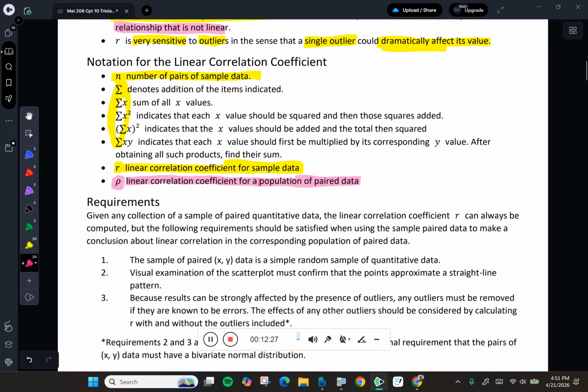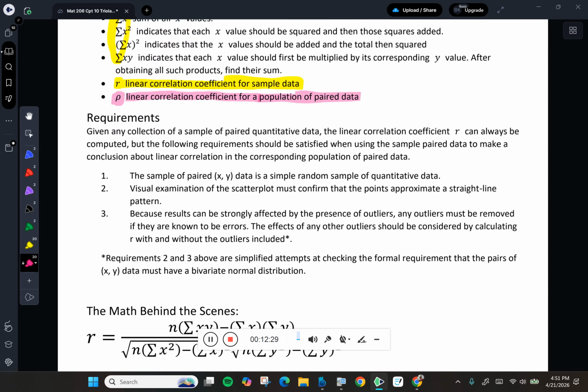The requirement for this methodology to work is that we have a sample of paired quantitative data, a bunch of X's and Y's. I can calculate R no matter how big or how small, but if I want it to be statistically significant and be able to make conclusions about that population, I need my data to come from a simple random sample.